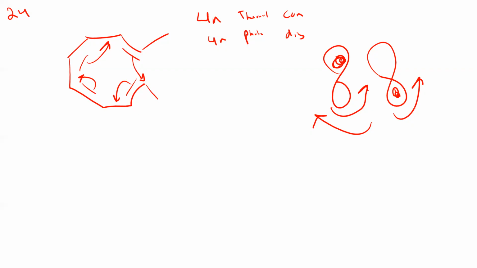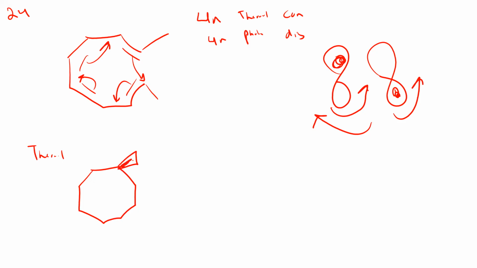So knowing that, the photochemical product will have both the methyl groups up, while the thermal product will have one up and one down. So that's what we'll draw. Just make sure you have all the points there.